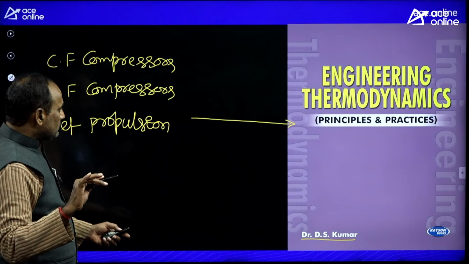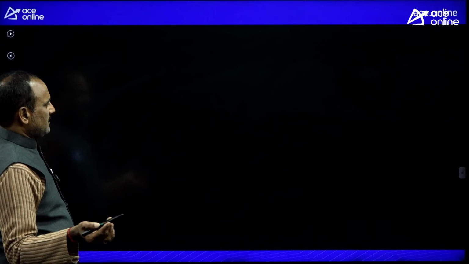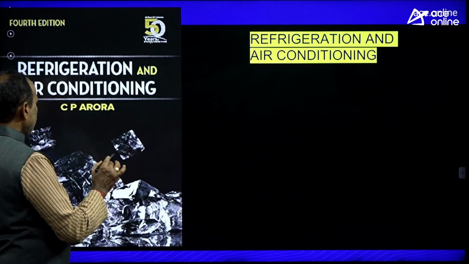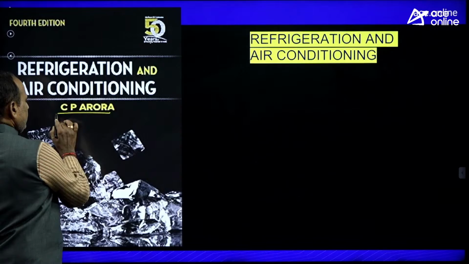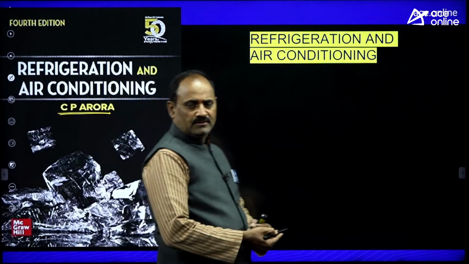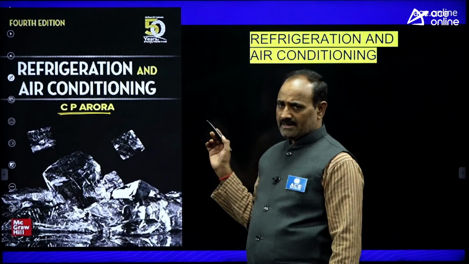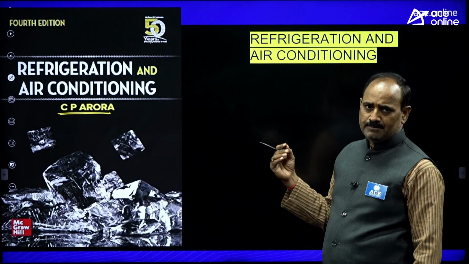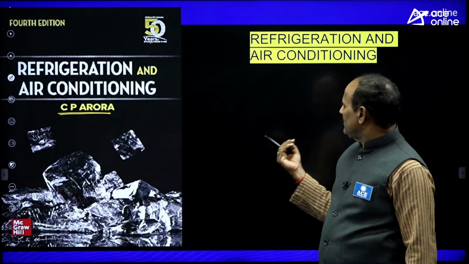In addition to this power plant engineering, you need to practice the refrigeration and air conditioning also. The best book for refrigeration and air conditioning, C.P. Arora. The title is Refrigeration and Air Conditioning only. So this is also an additional subject for the students who are preparing for ESE.